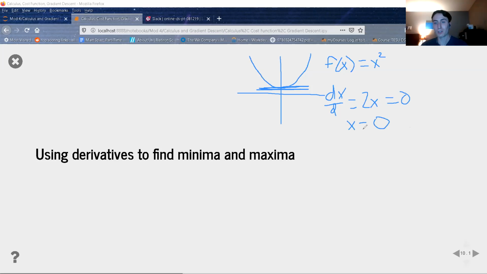So x equals 0 because it's x squared and it's centered over the x-axis. But you can imagine if you had another curve that was maybe out here, if we took the derivative to find the minimum, it would give us this value of x here. So this is an important property of derivatives because there's a lot of times where we want to minimize some function or the value of some function.